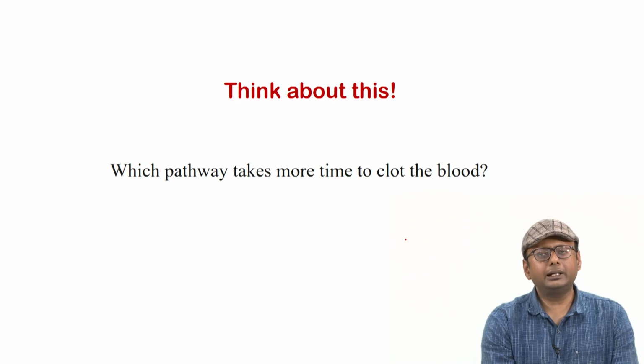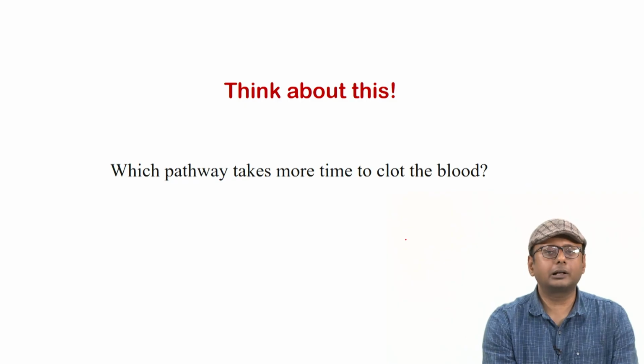So can you predict which pathway may take more time to clot the blood? This is your takeaway task. So please think about this, and I hope you enjoyed this exciting class of hemostasis. You learned about how the blood clots, how different steps participate in blood clotting, and eventually how it repairs.